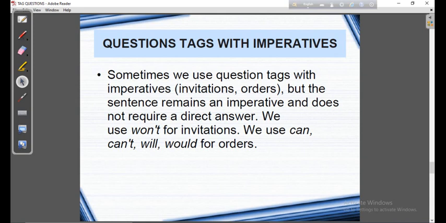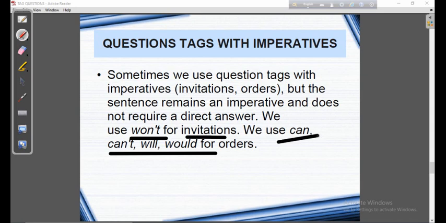We use "won't" for invitations. If the imperative sentence expresses an invitation, then we use "won't". We can use can, can't, will, would for orders.